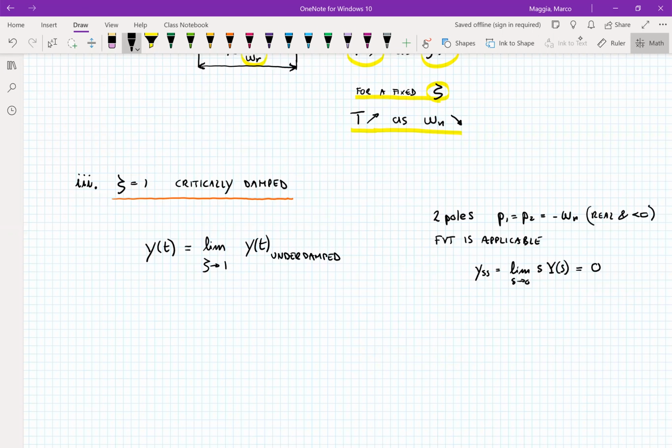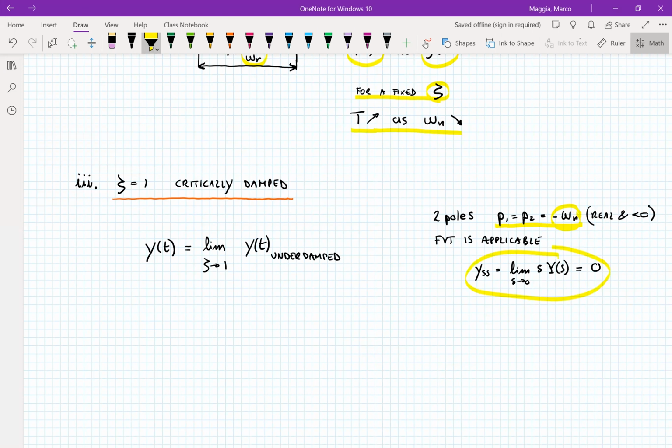But before doing that, let's once again take a look at the nature of the poles. In this case, the two poles coincide and they are both real and equal to minus omega n. So is the final value theorem applicable? Yes, because the poles are both real and negative. And so once again, final value theorem is applicable and the final value is equal to 0.